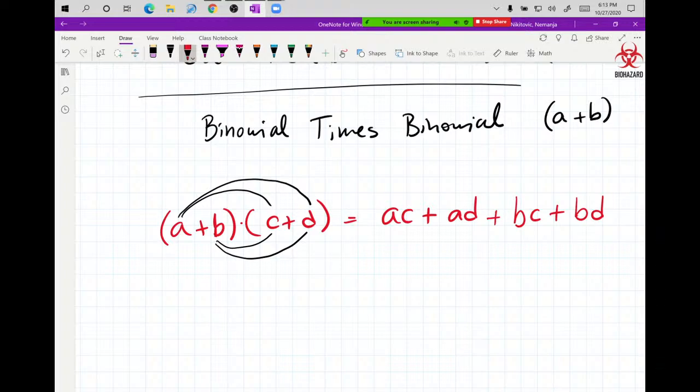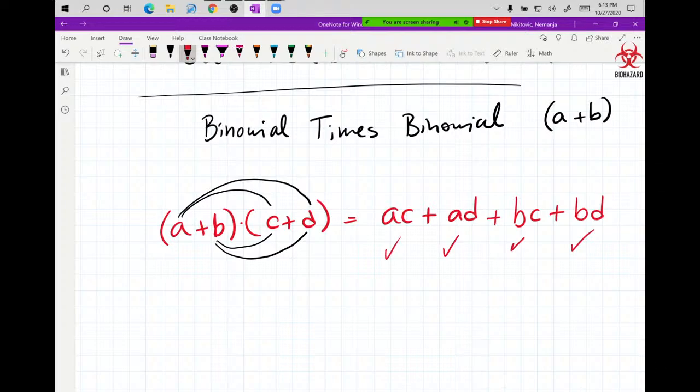So when I distribute a, I distribute a into c and d, and here is ac and ad. And then when I'm done with distributing a into each member of the parenthesis, then I go with b, and that's why you have bc and bd, because b has to be distributed to c and d.